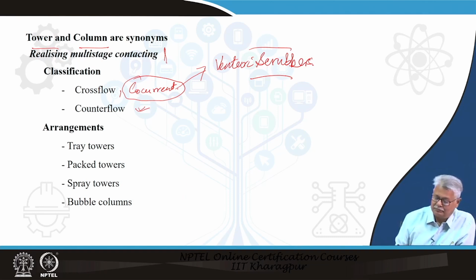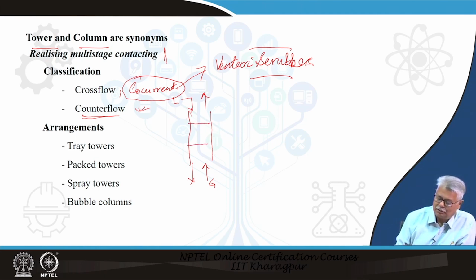Now, ideally, my equipment should be a counter flow, because it is expected to generate a higher concentration gradient, and with that you get a higher mass transfer in the same equipment itself. We always have been drawing our contactor like this. You will have a gas flow, the gas goes out, you have a liquid flow, and the liquid falls down here. It could be packed, it could be trays.